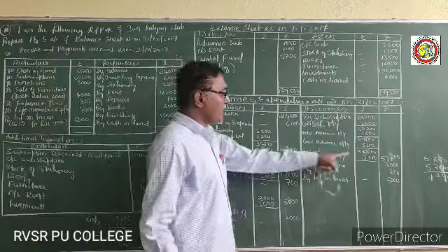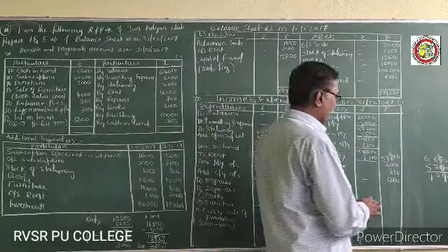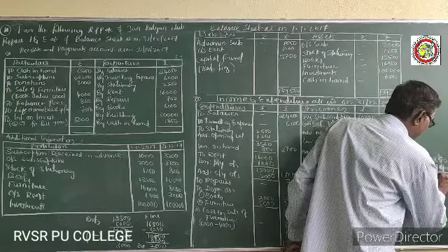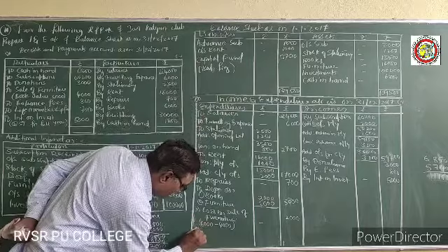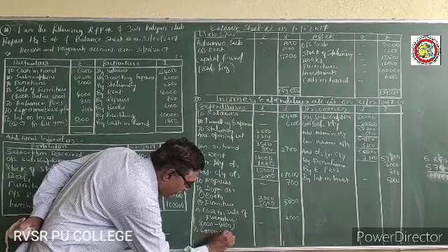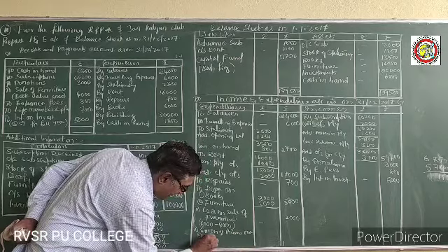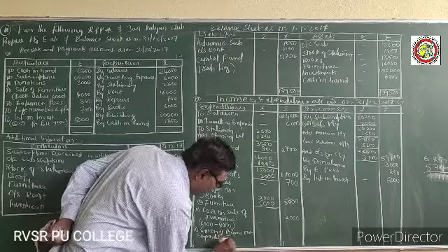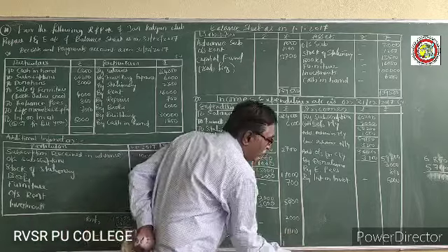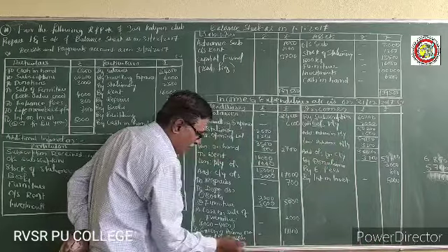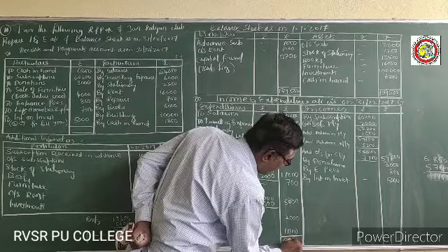So 68,500 minus 57,400, the amount will be 11,100, the excess of income over expenditure, so there is a surplus. Overall 68,500.